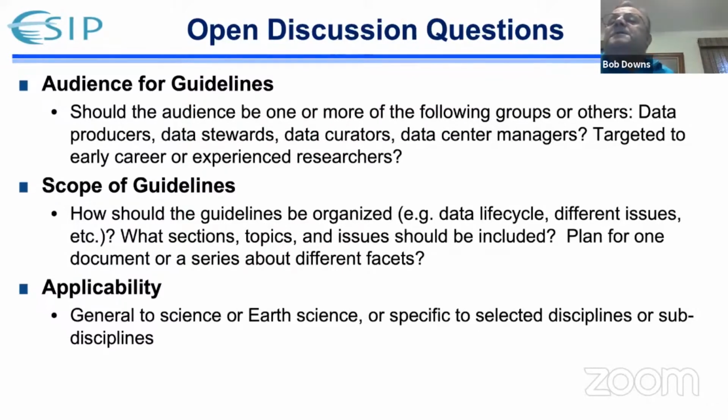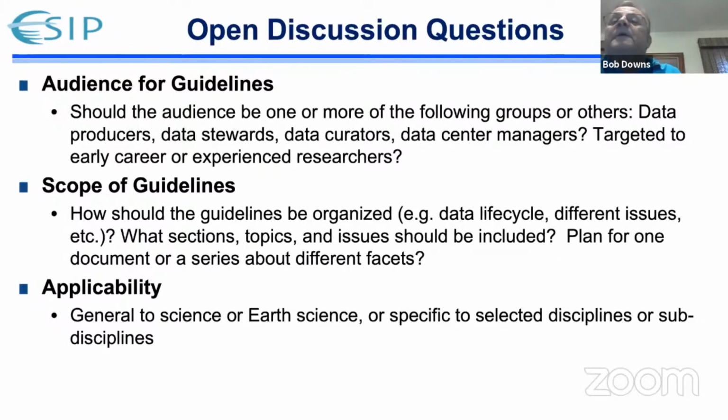That is, we could take a data lifecycle approach, or we could look at different issues and provide them in some order, which either could be within a data lifecycle approach or some other order, simplicity to complexity or something. And related to that, what sections, topics, and issues should be included?